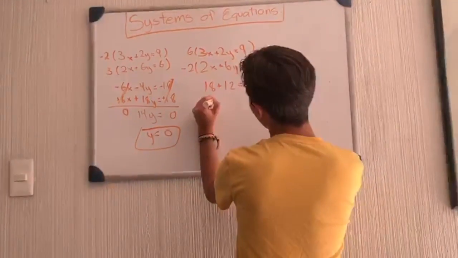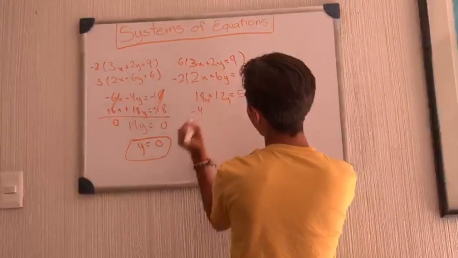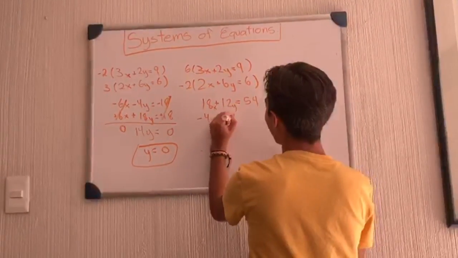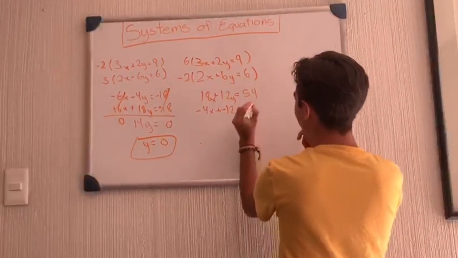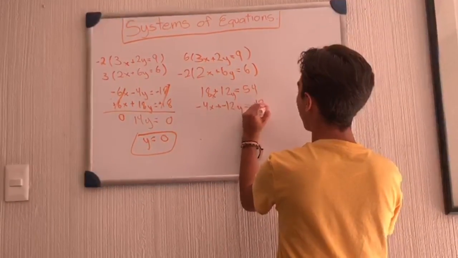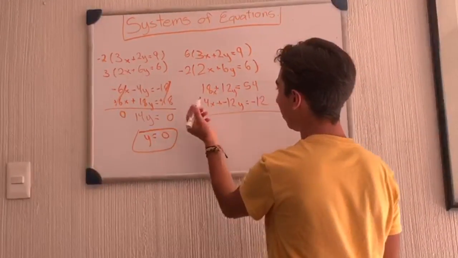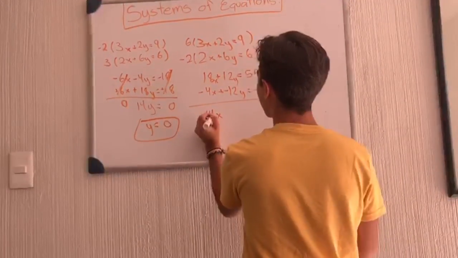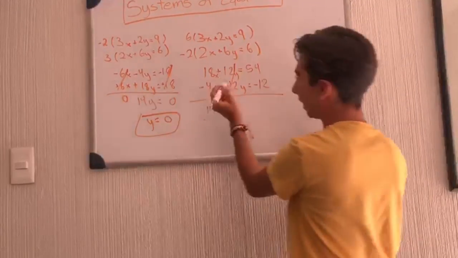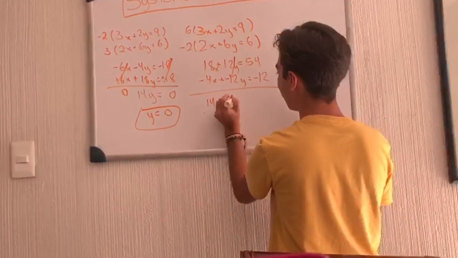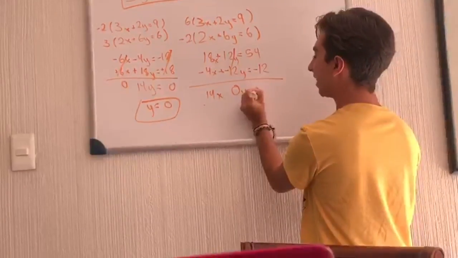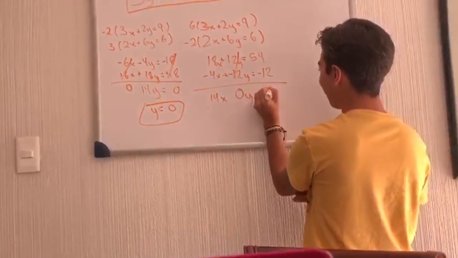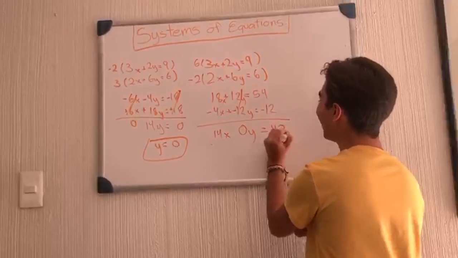And then here it'll be minus 4 minus 12 equals minus 12, and we solve. So here will be 14x, and here it gets cancelled, so it'll be 0, and here 42.